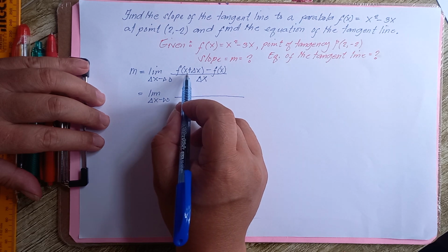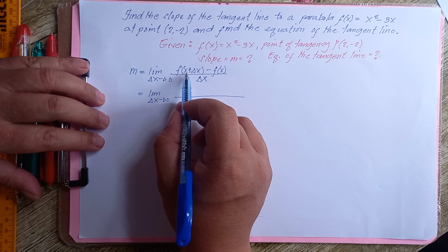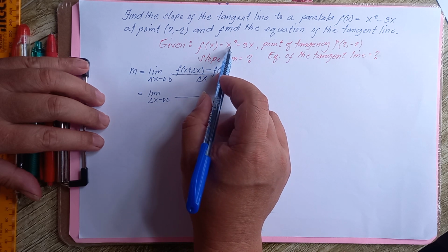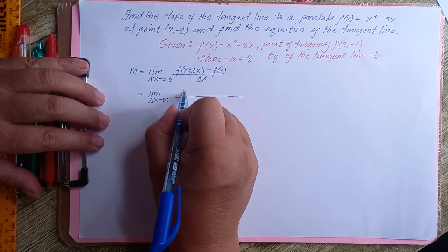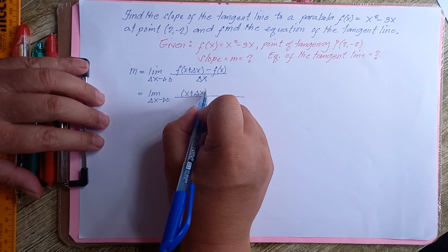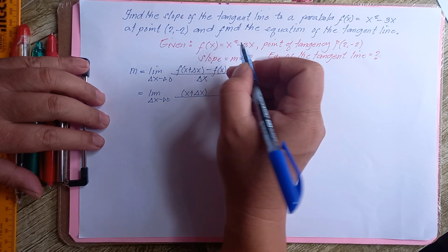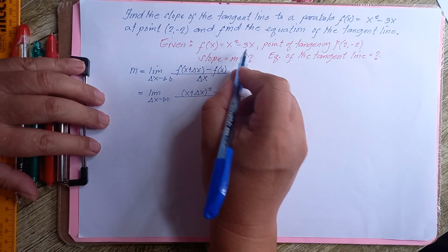The value of x is x plus change of x. So we just replace this x raised to 2 with this one. So that is the same as saying x plus change of x, of course, raised to the second power, minus 3.